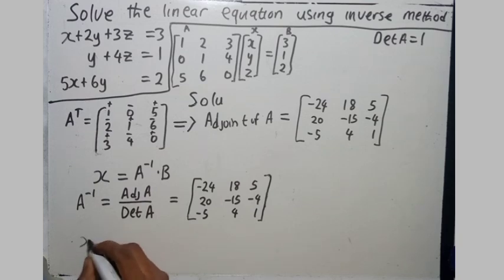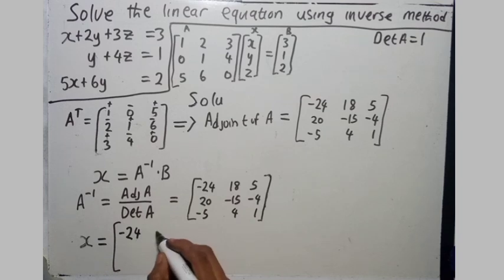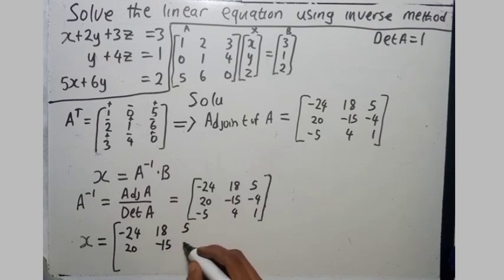Now, since we have gotten our A inverse, we can now get our x. Our x will then therefore be, using this formula, this one over here, it will then be our minus 24, 18, 5, 20, minus 15, minus 4, minus 5, 4, and 1.